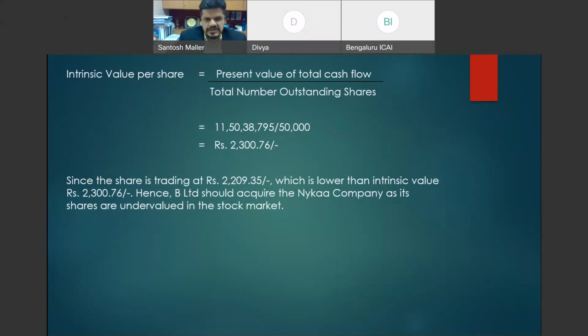So here, since the share is trading at 2,209 rupees, which is lower than 2,300, that is the intrinsic value. Hence, B should acquire Nykaa as its shares are undervalued currently. So on this basis, you get to a conclusion that you should take a plunge in the company.